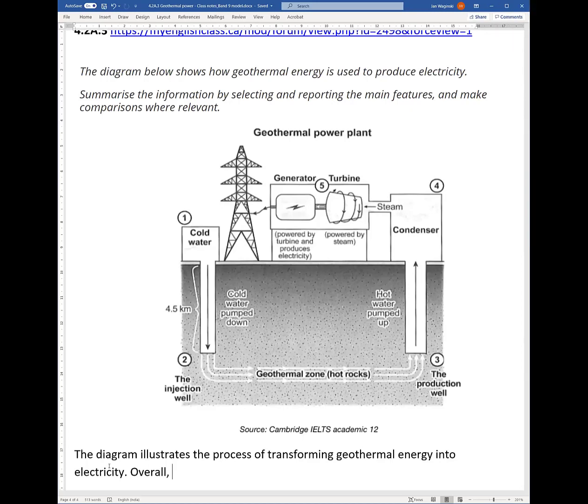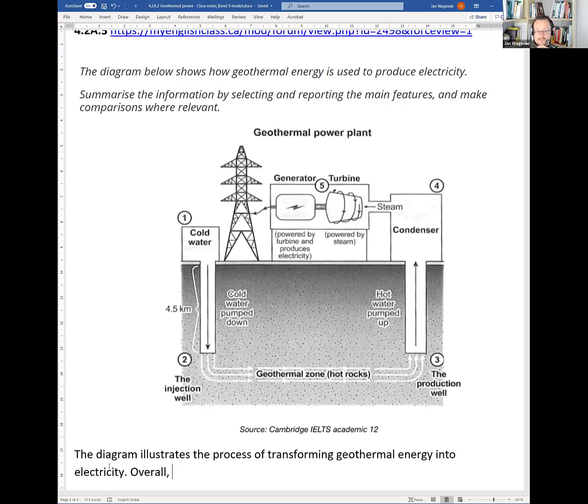Okay, I tried to figure out with that diagram, right? There is the cold water, right? Goes down through the geothermal zone hot rocks, right? Then we can see hot water pumped out. It's hot water pumped out from where? From geothermal zone hot rocks? Oh, okay.